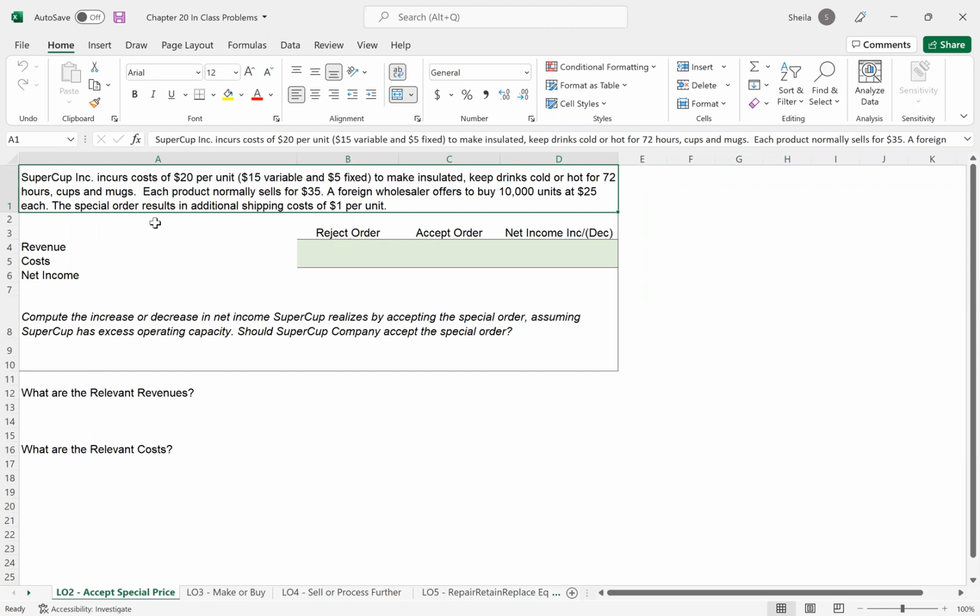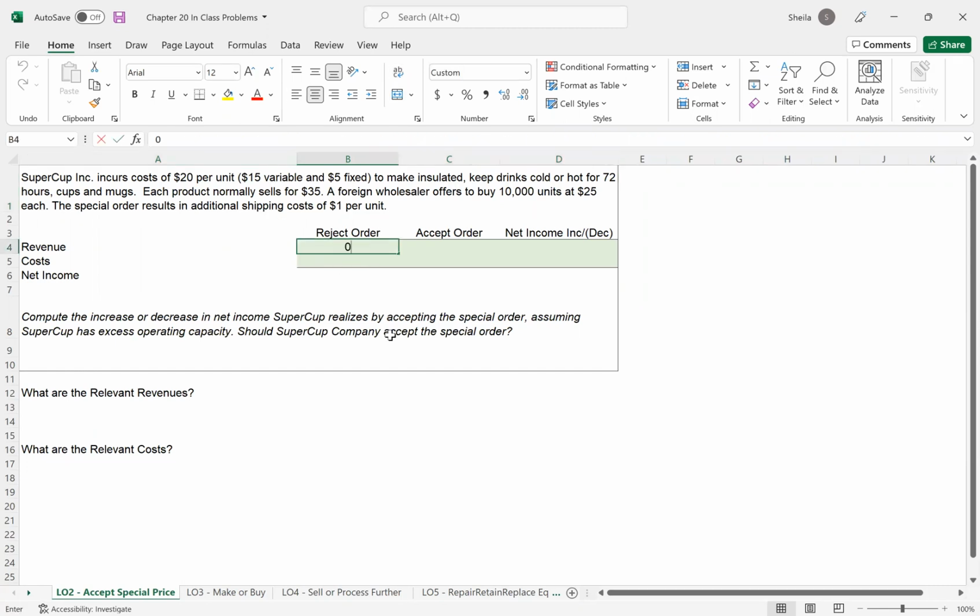So we're giving up that $10 of revenue, right? But really what we're saying in a reject or accept the order is, if we don't accept this new order, we're not generating any additional revenue or any additional cost, meaning that there is no additional net income. But if we accept the order, we're going to accept $25 per unit times 10,000 units.